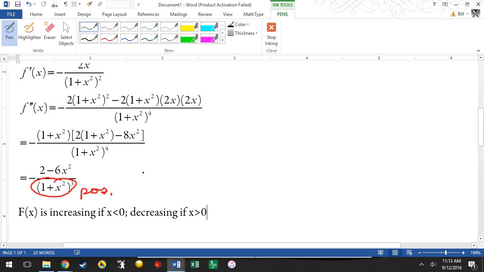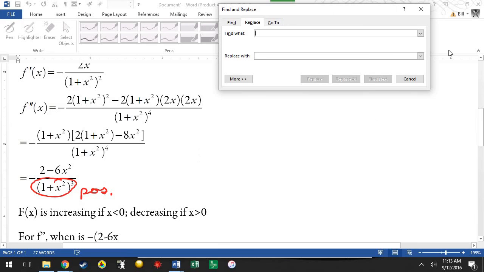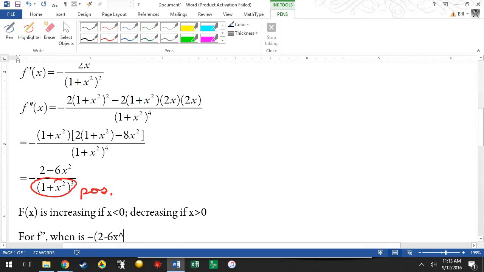So when is, I'm going to type for f double prime, when is minus 2 minus 6x squared, oops, sorry, positive or negative?